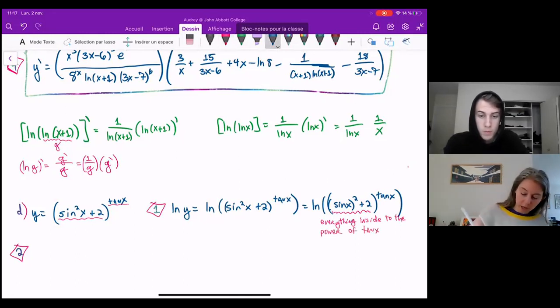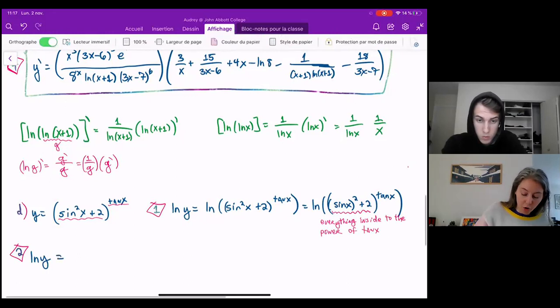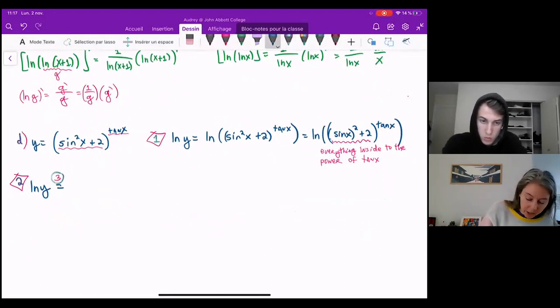Good, okay. So then I have ln y is equal to, I'm using my third rule here because I'm bringing my power down, to get tangent x times ln of sine x squared plus 2.